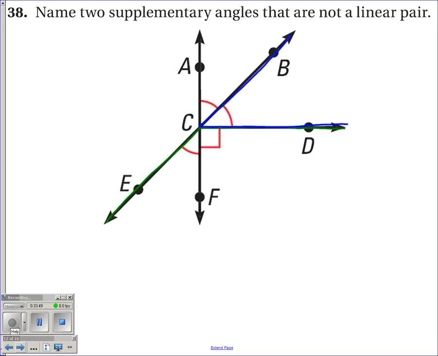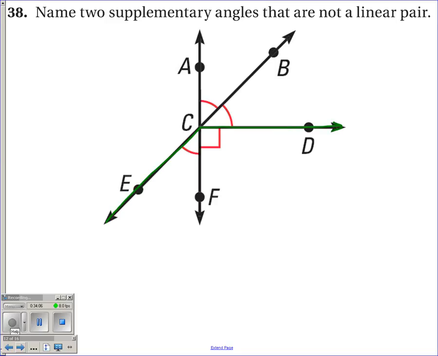Well, those are a linear pair and they're supplementary, but I can't use that because it says not a linear pair. So let me take this one out and let's try something else.